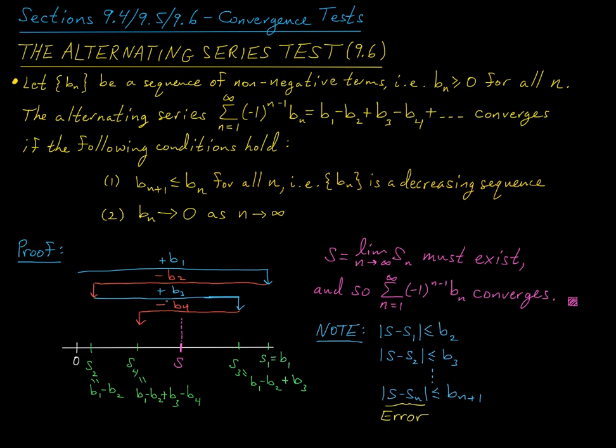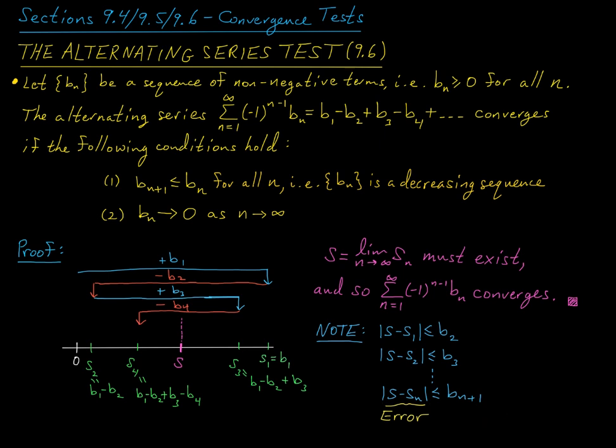That gap can be no larger than b3. Likewise for S minus S3, that gap can be no larger than b4, and so on and so forth. So the gap between S, the limiting value, and S sub n, the nth partial sum, can be no larger than b sub n plus 1.